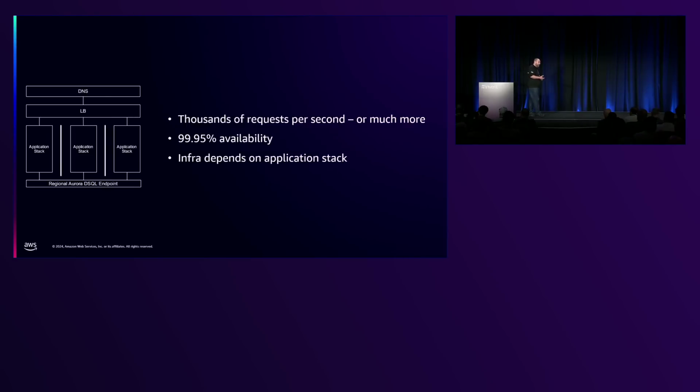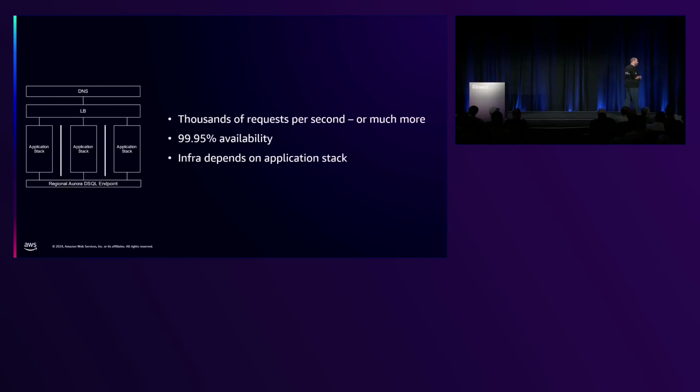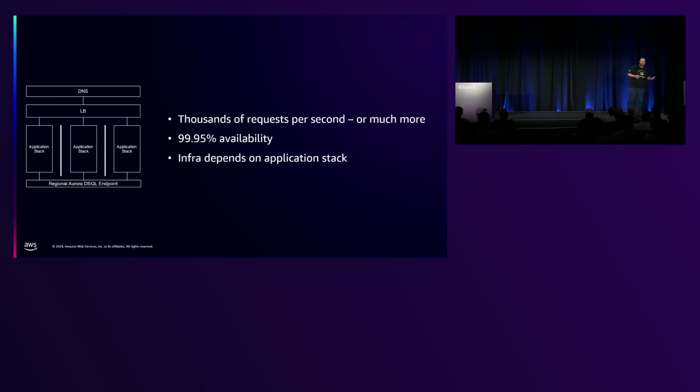And then the infrastructure needs and how much management you have depends on your application stack and how you've built that application stack. And so that could vary between being very simple if you've built out in Lambda functions or Fargate or one of these higher level services, to being much more sophisticated if your application's needs require that.